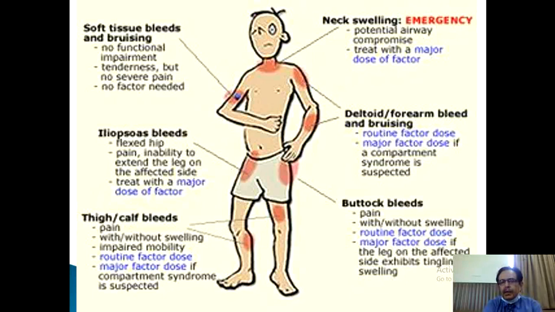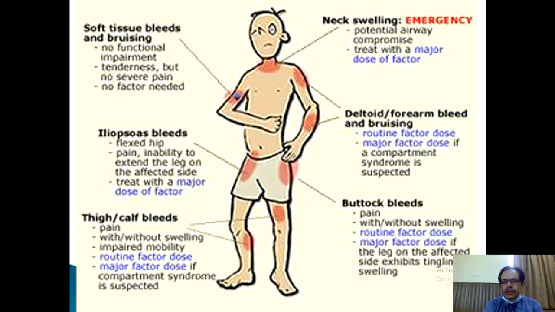So remember, all these sites are very important because these are the major sites which are the targets of hemophilia B. Therefore remember these sites, and the site-dependent bleeding can give you the diagnosis.